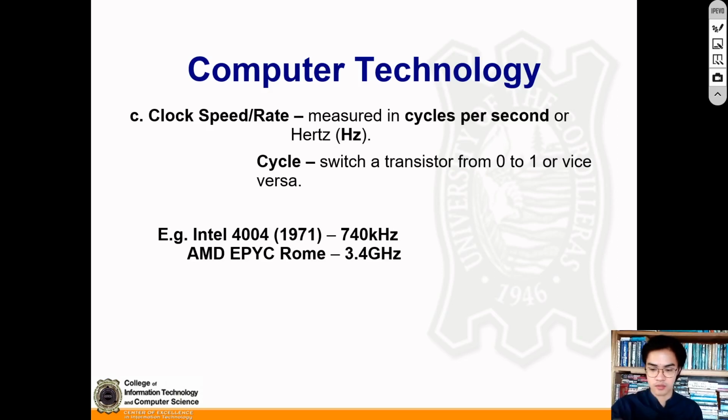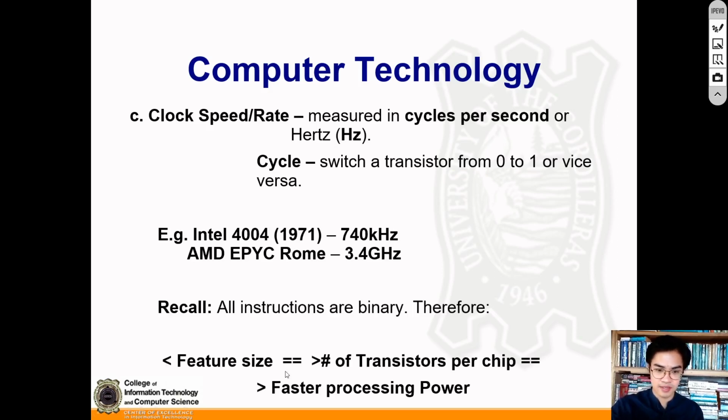It goes on to say here, the smaller the feature size is, or the thinner your transistors are, the higher the number of transistors you can insert per chip. So if you have many transistors, it means that you can have many instances of cycles.